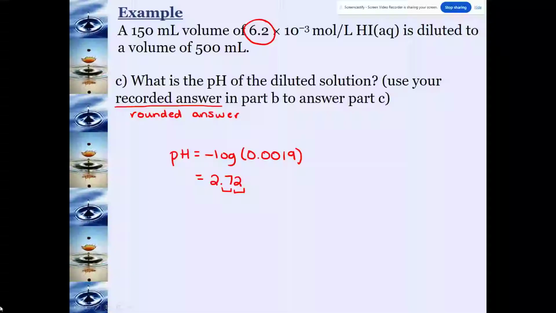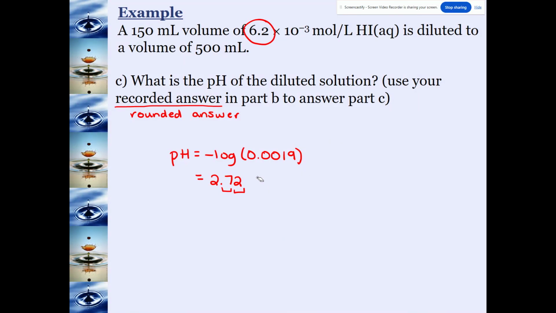Now, if I didn't use my rounded answer, if I used the unrounded answer, I would get 2.73, which would be wrong on a numerical response question. It has to be exact. So make sure you read very carefully. If it wants you to use your recorded answer, it means the rounded answer from the previous step.